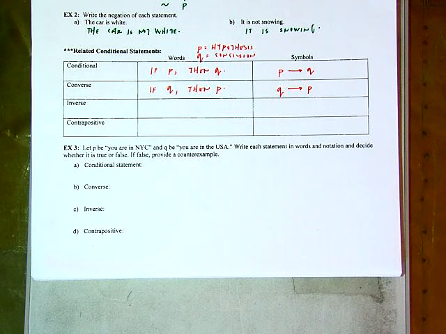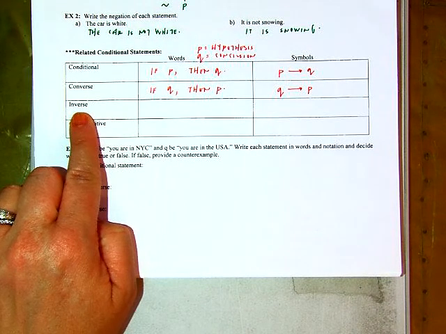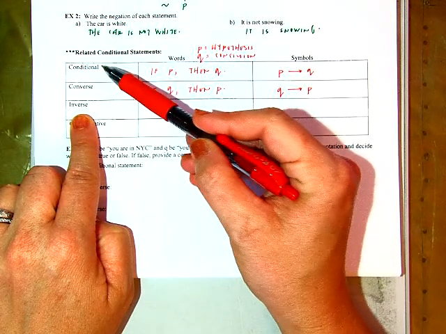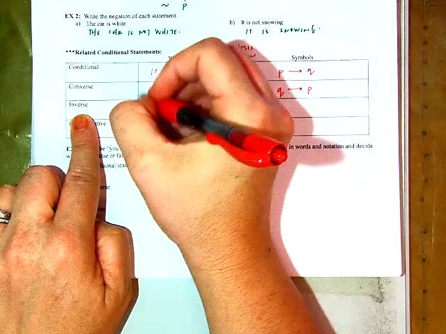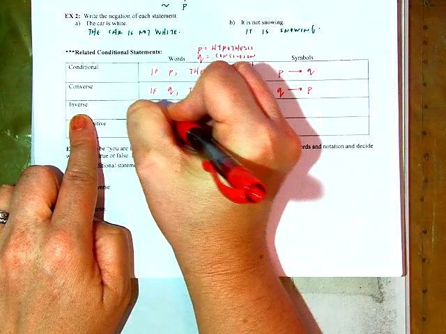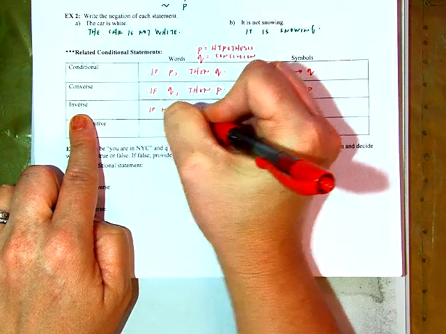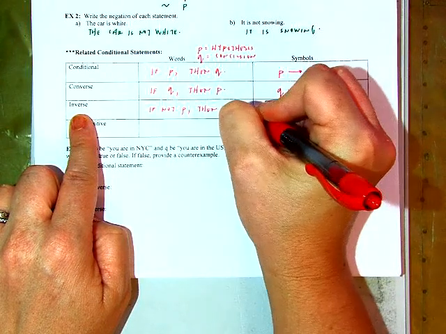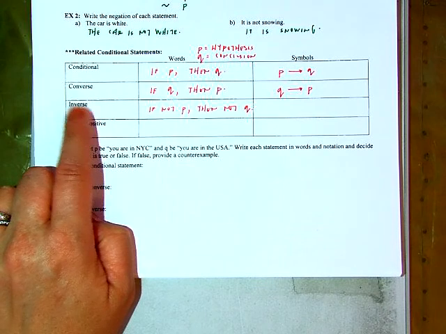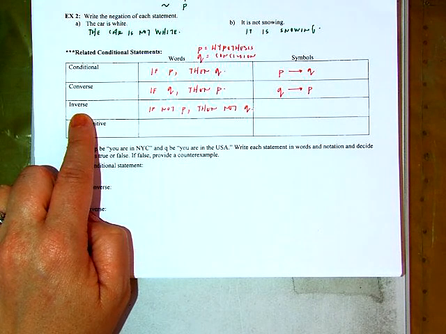Okay, the inverse, we're looking at the conditional, and we are negating it. So we're saying, if not P, then not Q. So again, the inverse is taking the original conditional and negating it.